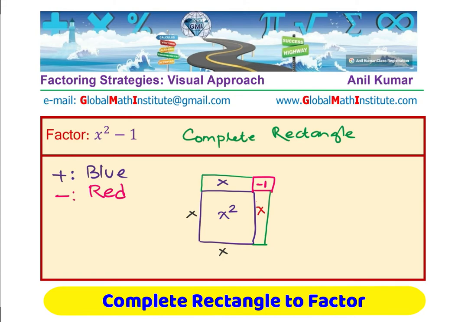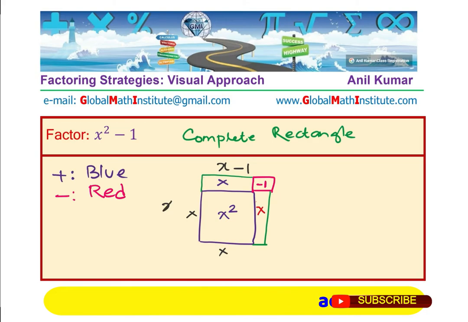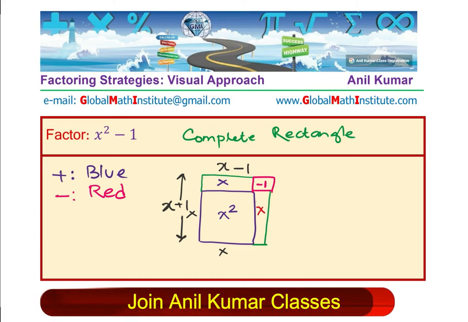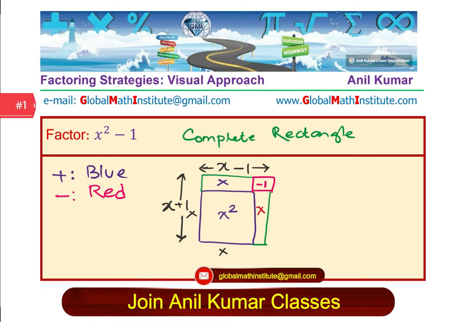Clearly, one side is x minus 1, since that is minus 1, and on the other side, we have a dimension of x plus 1, correct? So the area of the given rectangle, which you can clearly see, is x plus 1 times x minus 1. Do you see that?